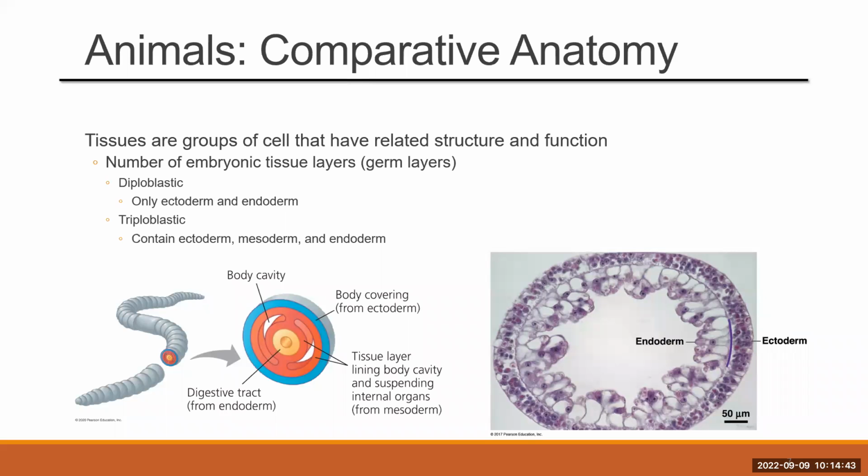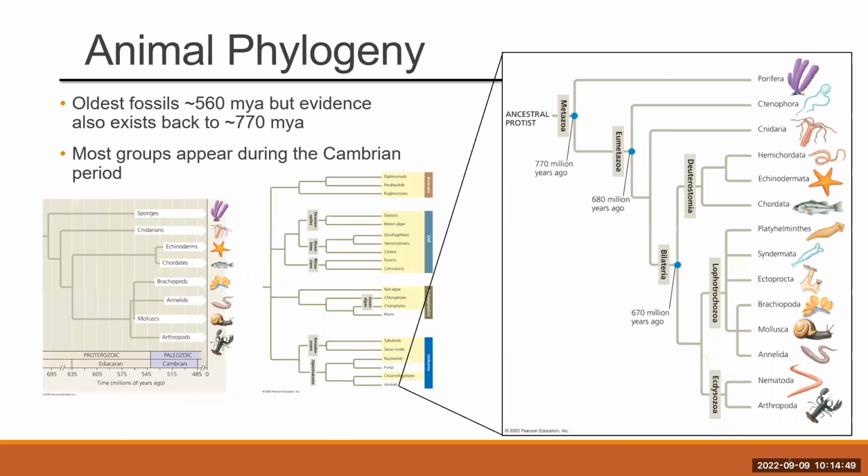The interesting thing is the sponges. If we flip back to our tree here, sponges come off on their own little group, and then we get to the eumetazoa. The eumetazoa are the true animals. If you've heard the prefix "eu" before, you know that means true. So these are the true animals, and everything from here on down has tissues.